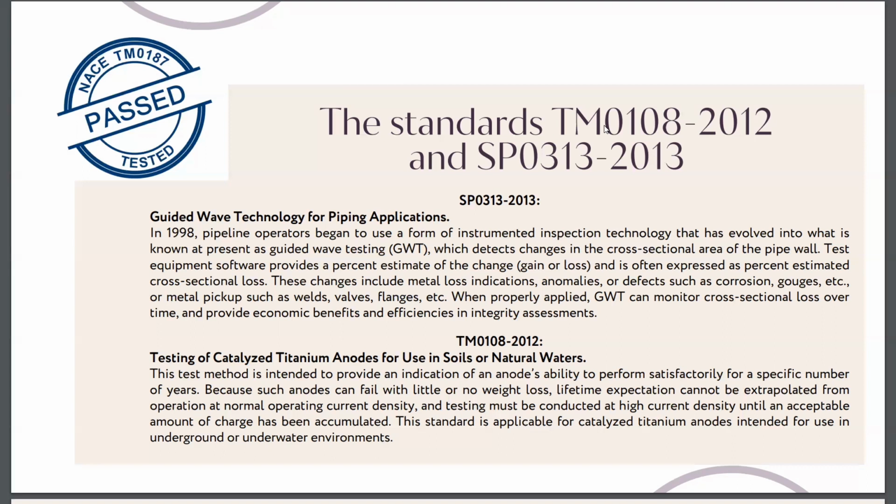Lifetime cannot be extrapolated from operation at normal operating current density, and testing must be conducted at high current density until an acceptable amount of charge has been accumulated. This standard is applicable for catalyzed titanium anodes intended for use in underground or underwater environments.